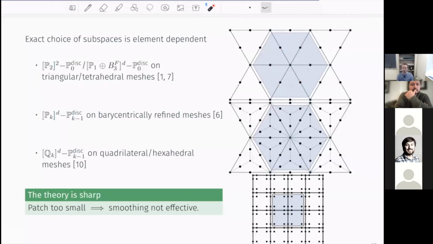So what we've done is we've just made these patches a little bit smaller, right? So for example, you could say, hey, let's exclude these 3 degrees of freedom, and let's just make the patch a little bit smaller. It makes the local system cheaper to solve. It stops working, right? So the theorem on the previous slide is incredibly sharp.